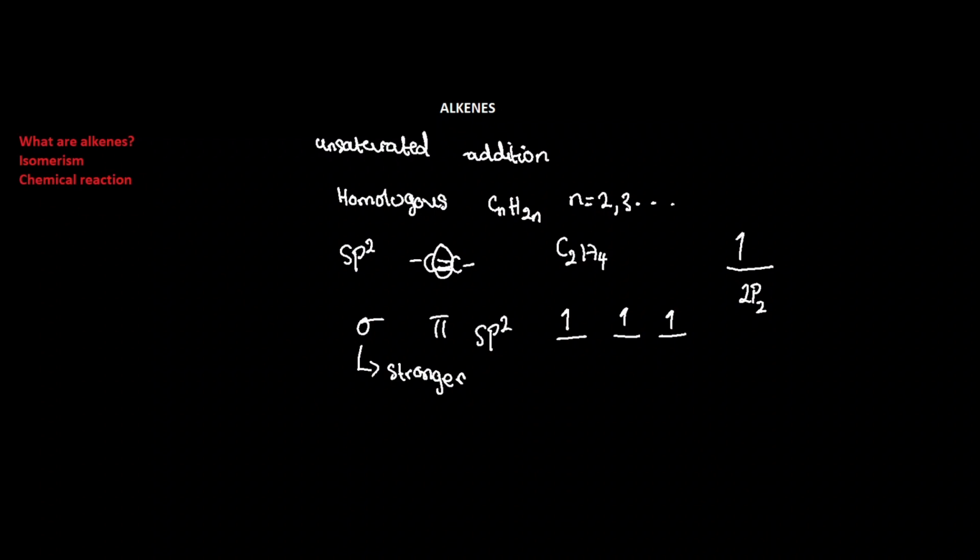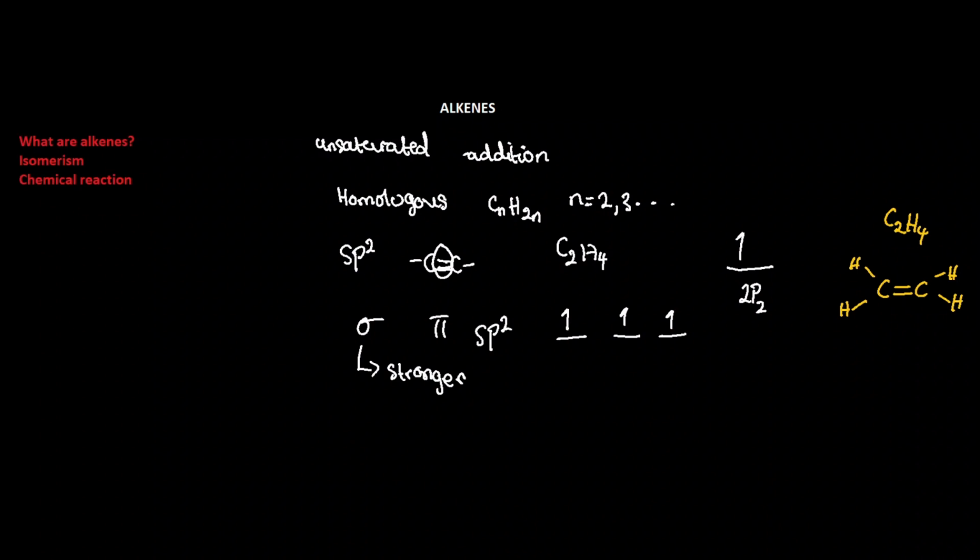So, using ethene as an example, that is C2H4, the structural formula looks something like this, with 2 hydrogen atoms attached to each carbon.